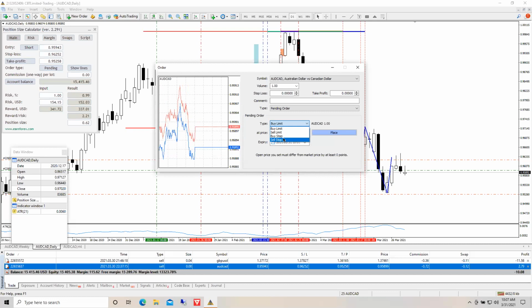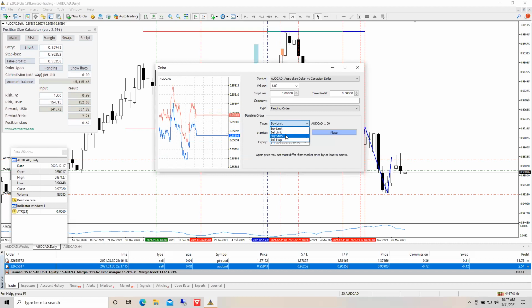In other words, a more expensive price, which if it's a buy order would be a higher price than where the market currently is. You will notice on the MT4 standard order ticket that it doesn't stop you from trying to do that when it brings up the options.